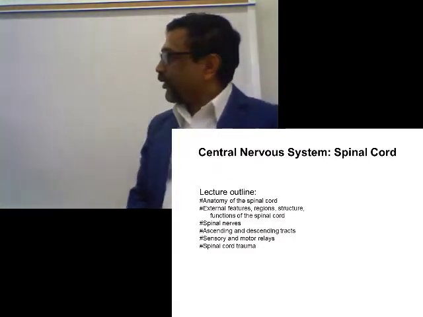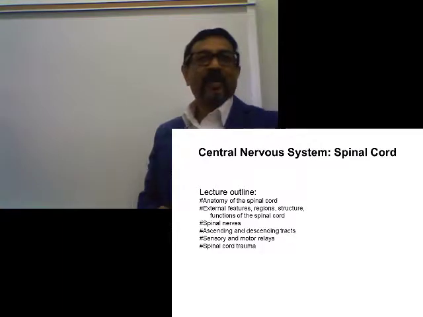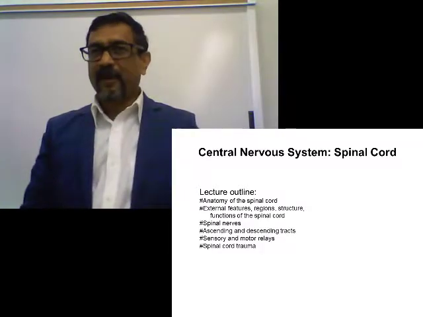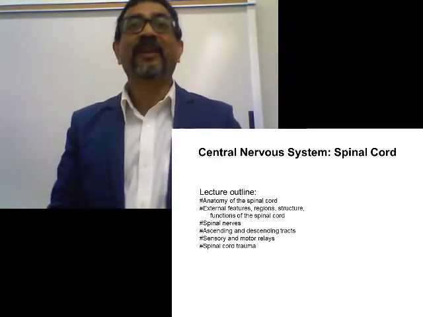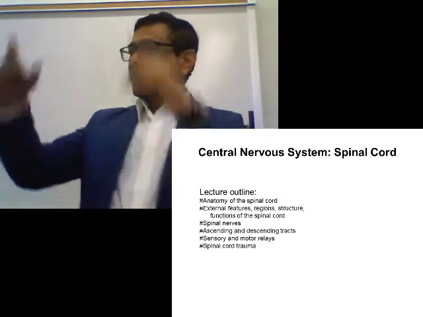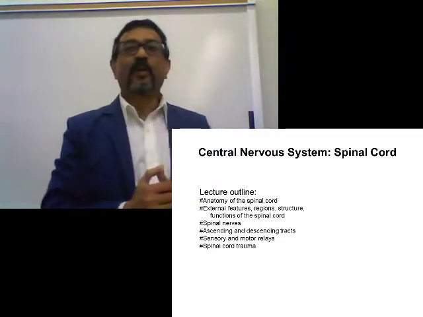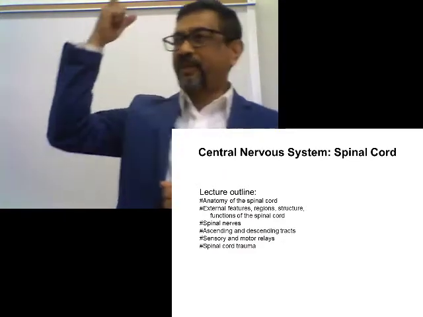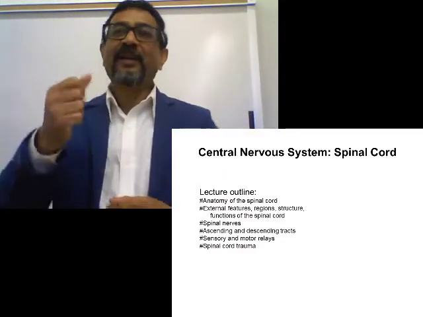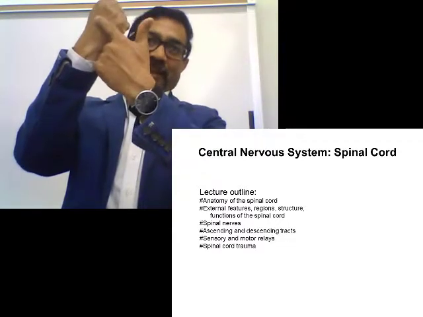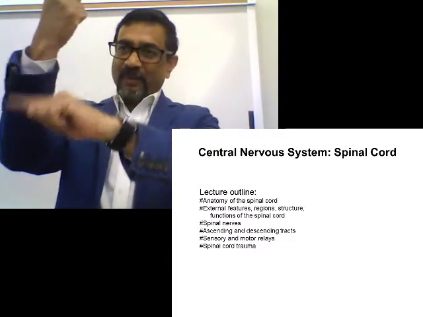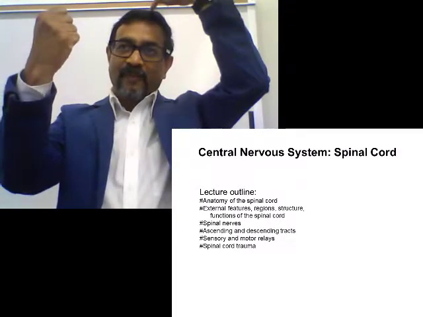Then we'll talk about the relay of signal. What kind of signal? Electrical, right? Through the nervous system, electrical signal is transmitted. So when the electrical signal is transmitted, just see that if I touch the skin, that signal goes where? To the brain, right?